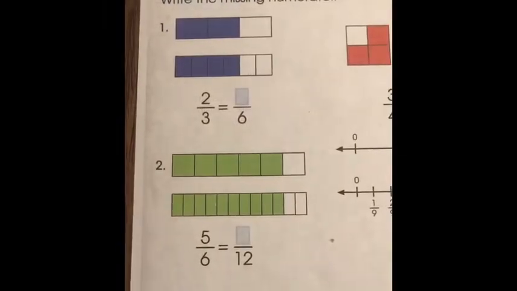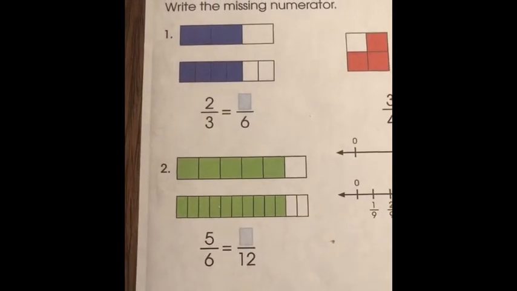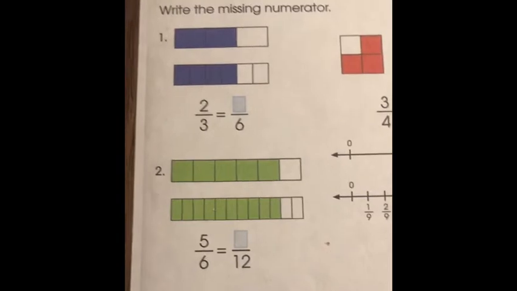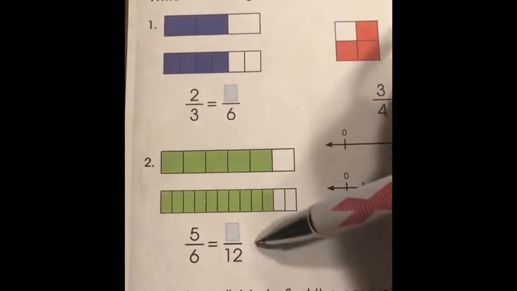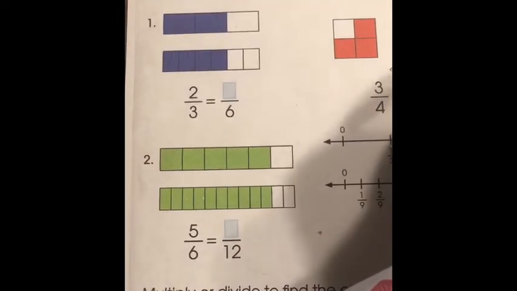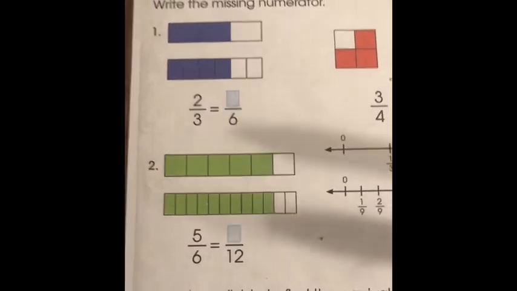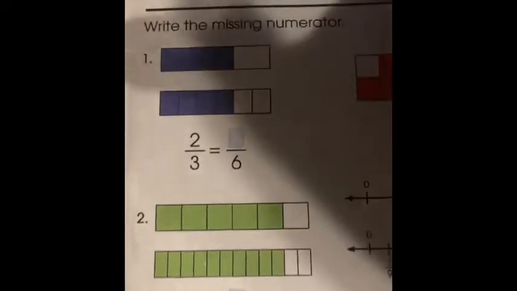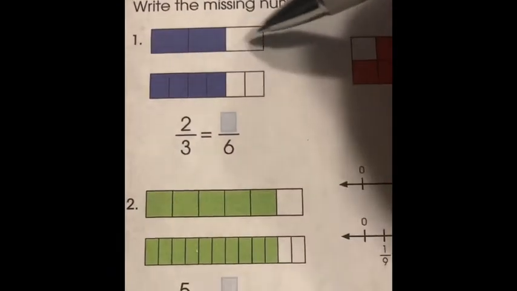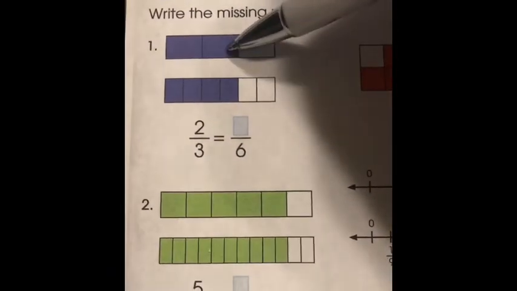This is the portion that we work together. You have to write in the missing numerator for the top one and the bottom one. And then this one you have to multiply or divide to get the equivalent fraction. So for this one, all we have to do is count. We have 2/3. This is broken up into 3s, and 2 of them are shaded.